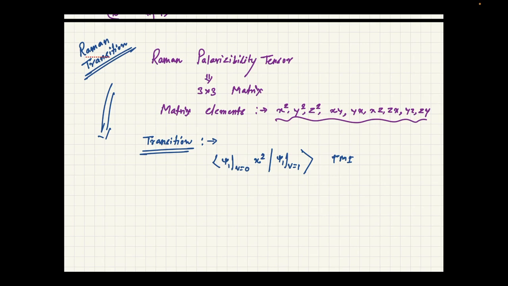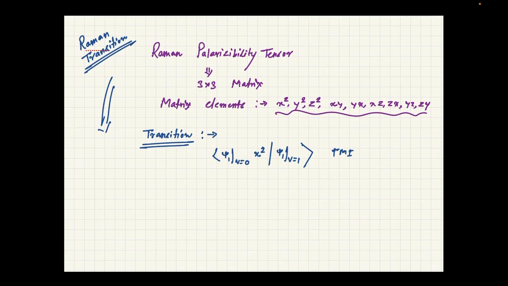Okay, so in the group theory sense, it will be, let's say, gamma 1 direct product gamma 2 direct product gamma 1, and if this direct product contains a totally symmetric representation, then that particular transition will be Raman active. Or if this direct product doesn't give us any representation containing the totally symmetric one, then that particular transition will be Raman forbidden.